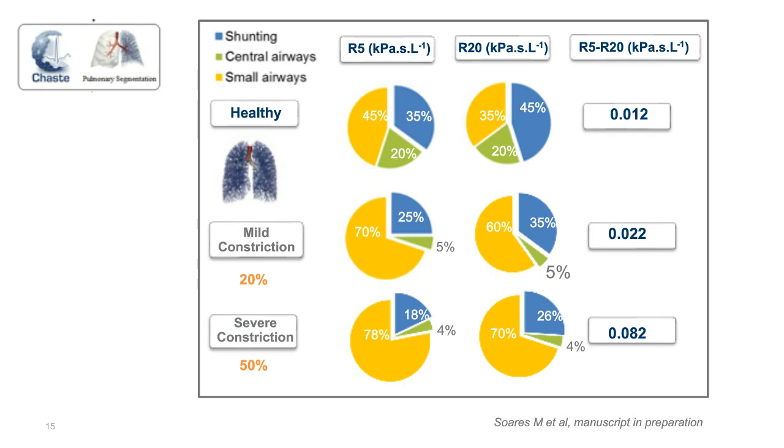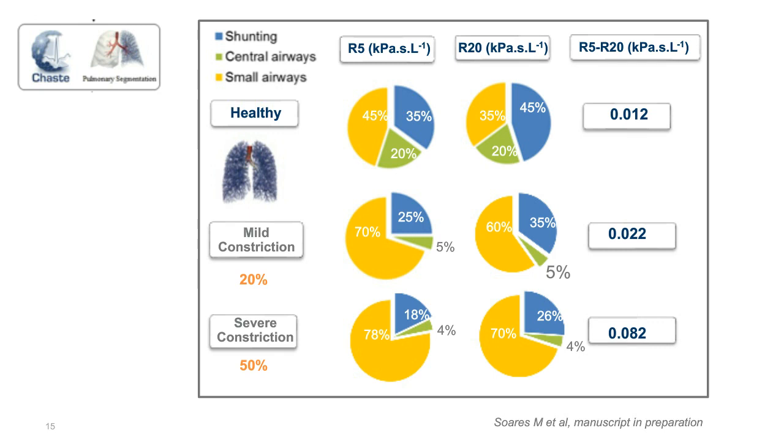And the key take-home message here is that in the presence of no disease, so no baseline bronchoconstriction, the R5 and the R20 are relatively equally contributed to by the small airways, with an equivalent contribution from the central airways and a large contribution from the upper airway shunt.